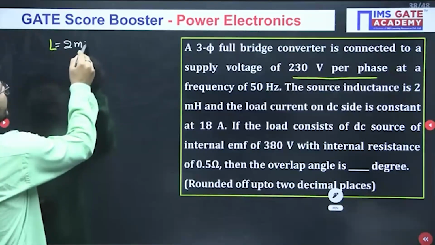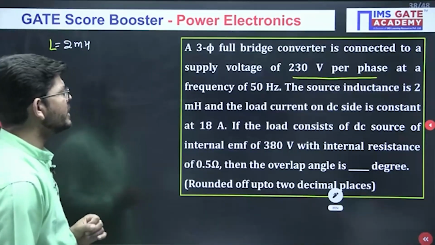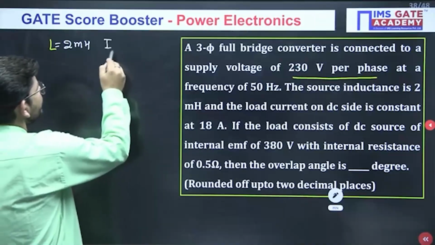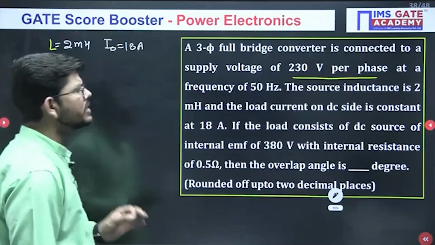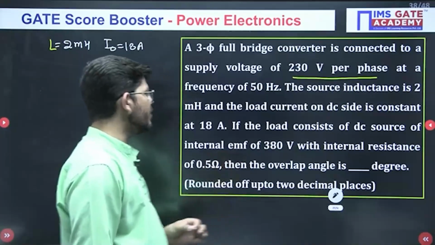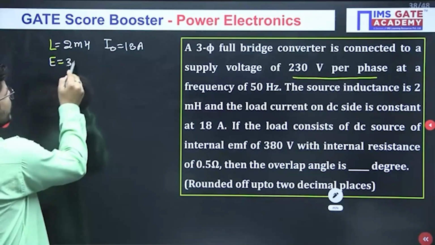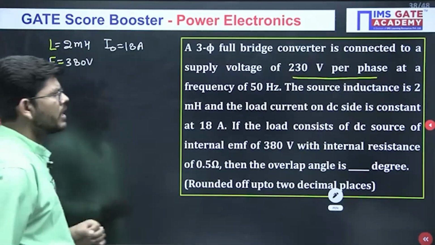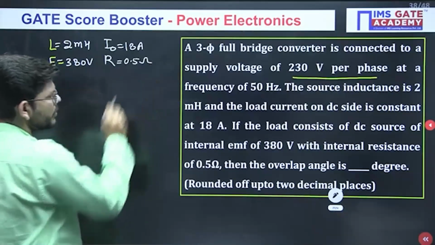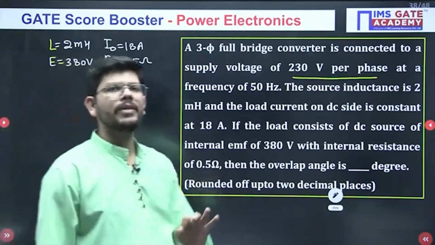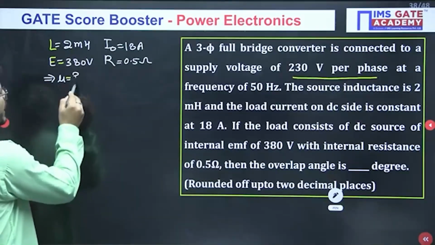The load current at the DC side is constant at 18 ampere. If the load consists of a DC source of internal EMF E of 380 volt and internal resistance of 0.5 ohm, then you have to calculate the value of the overlap angle.